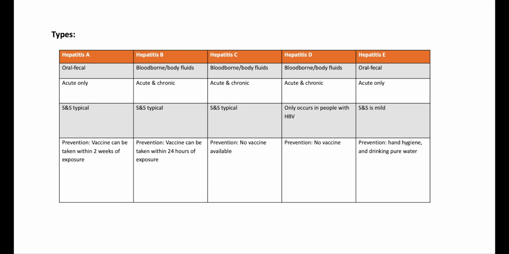Hepatitis D is the same as B and C; it can be transmitted through blood or body fluids, and can be acute and chronic. However, this only occurs in people with HBV, the hepatitis B virus. So if you have hepatitis B, you can acquire hepatitis D. Vaccine or prevention: no vaccine yet.